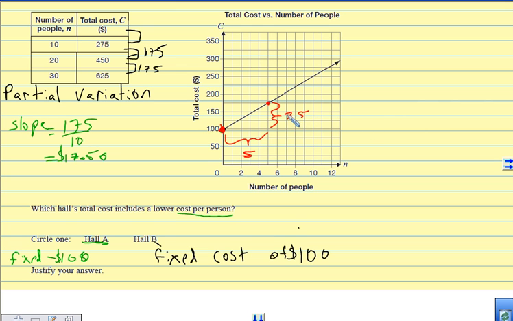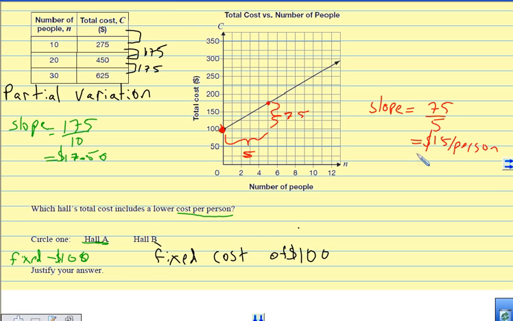Okay, 75. Yeah, 75. So our slope here would be equal to 75 over 5. And 75 divided by 5 is just 15. $15 per person.